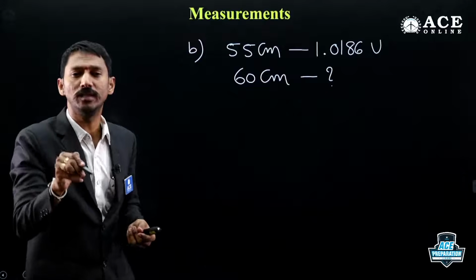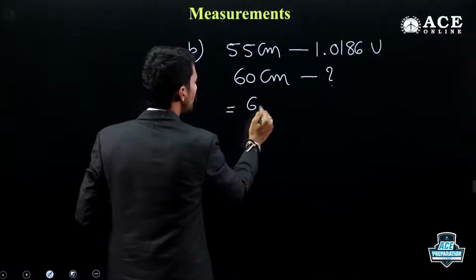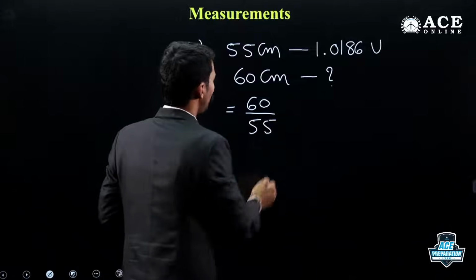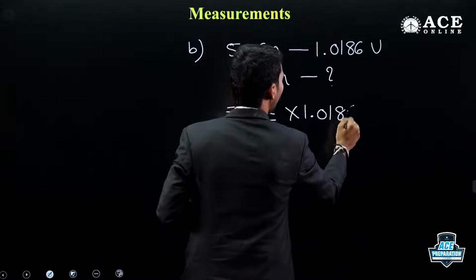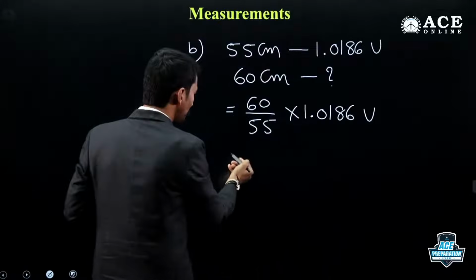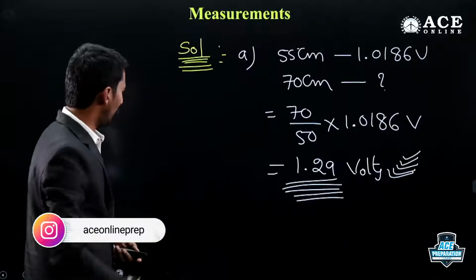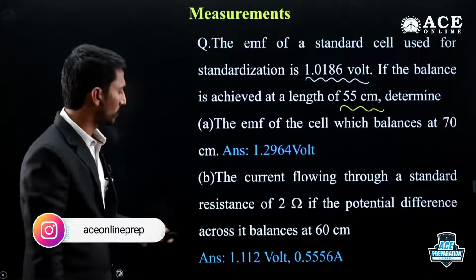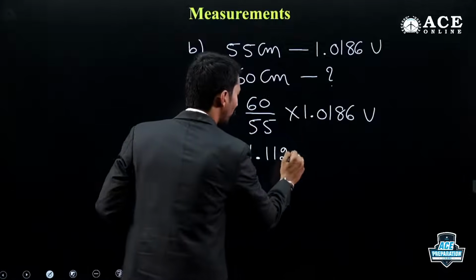After that voltage only, he is asking the current. So therefore, what is the value now? 60 by 55 into 1.0186 volt. If you simplify this, you will be getting approximately 1.11. I gave the values, just verify. Yes, 1.112 volts approximately. Right? We will be having 1.112 volt.